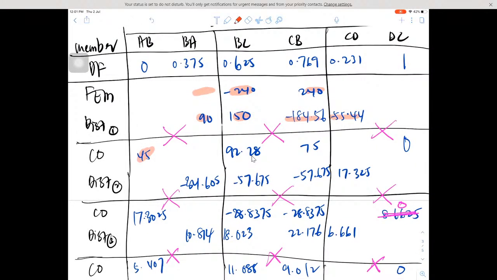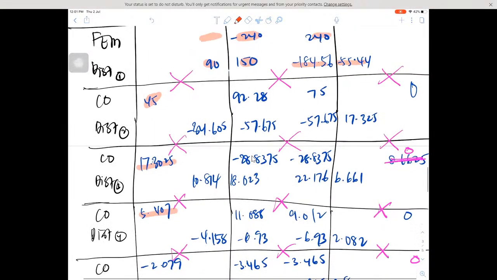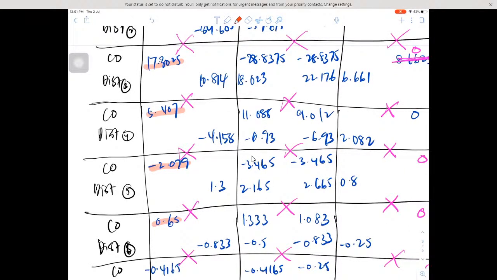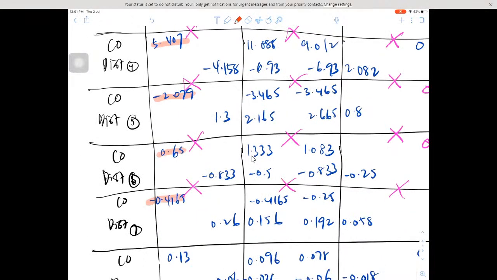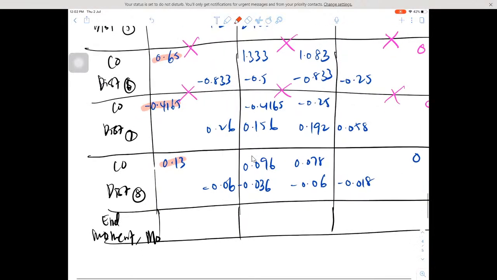Okay, 45 plus 17.3025 plus 5.407 minus 2.079 plus 0.65 minus 0.4165 plus 0.13. Okay, it is 65.99, 66. It is 66.